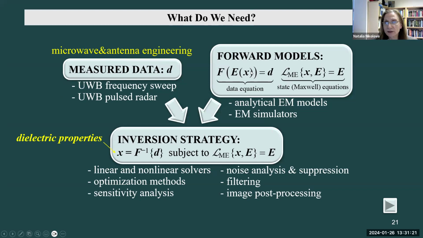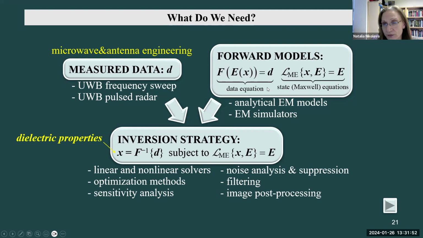On the soft side of things, first of all, we need forward models. We need mathematics that predicts the relationship between the measured data D and the unknown contrast of the object that we are measuring, denoted with X. We know that the permittivity of the medium also determines the field distribution in the medium, as follows from Maxwell's equations.